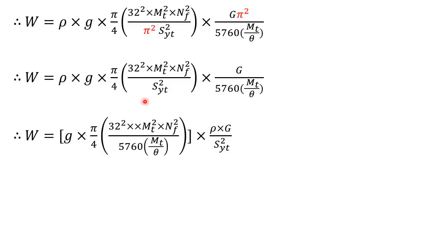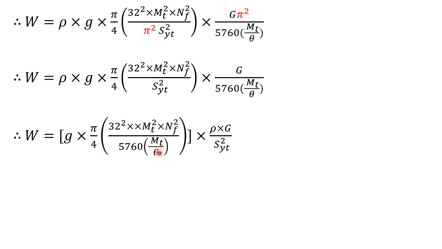And now separation of the constant terms, that is constant means not dependent on material, and terms which are dependent on material. So G is not dependent on material. MT, not dependent on material, because it's given in the numerical that the bar is subjected to this much amount of torque.